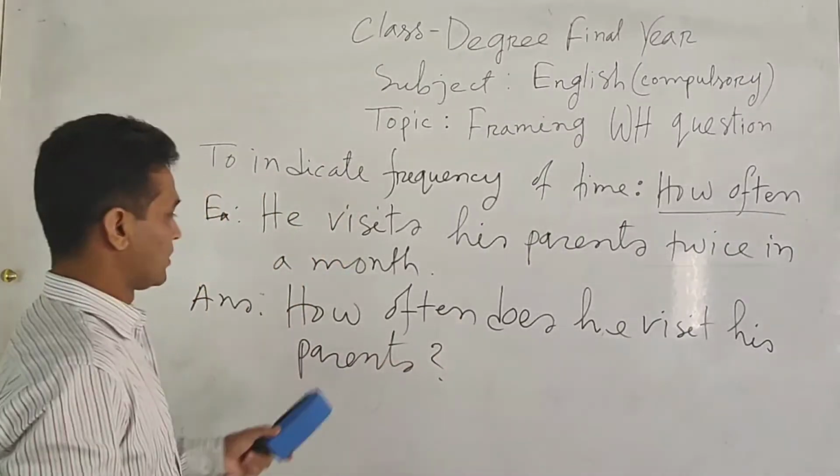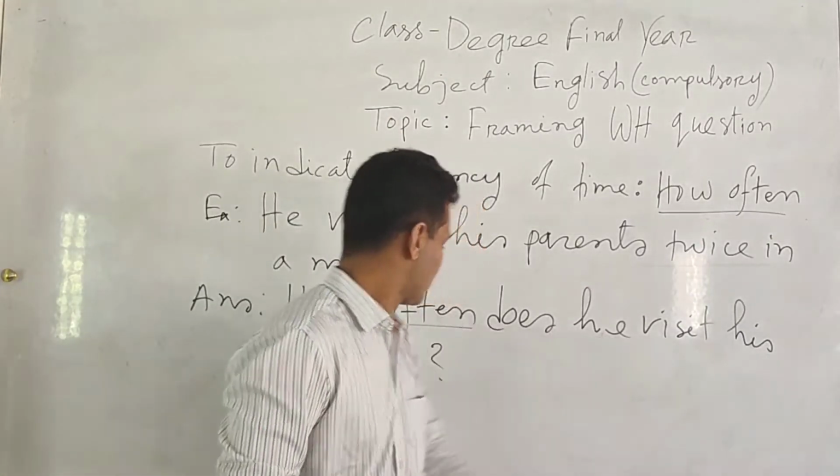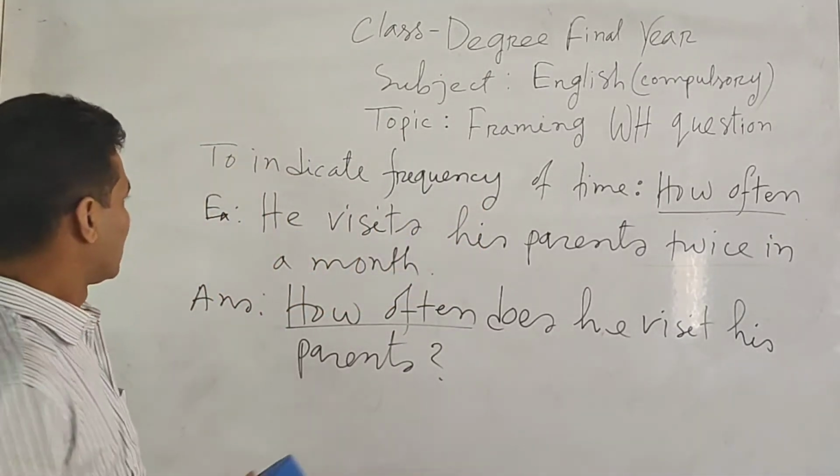Okay, to indicate frequency of time, you have to use how often: how often does he visit his parents? Okay, how often.